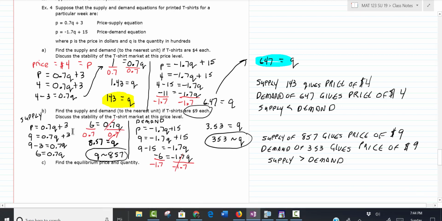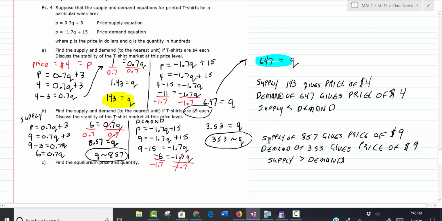Okay, so checking, here's what you should have got. For the supply equation, you would end up getting Q as 8.57, but since this is in hundreds, like the word says, you have a supply quantity of 857. The demand, again, replace P with 9. Since the price is given as $9, should have got Q as 3.53 or 353.